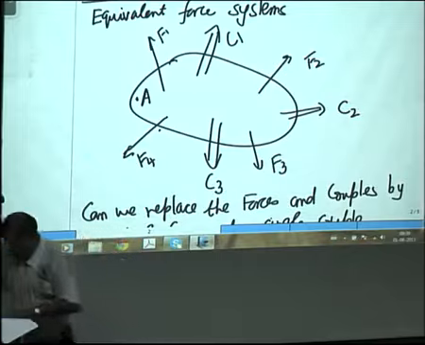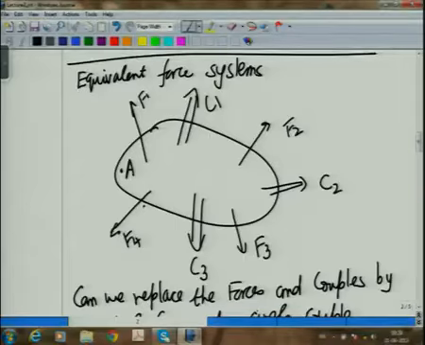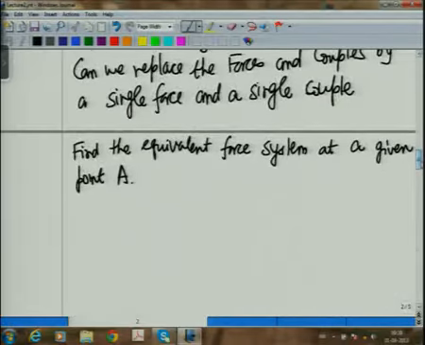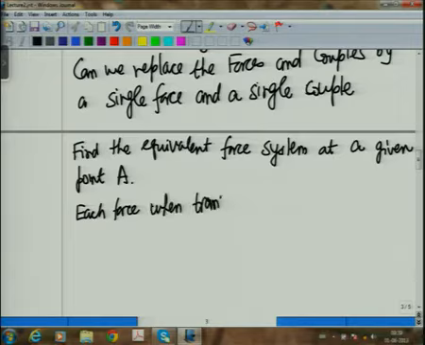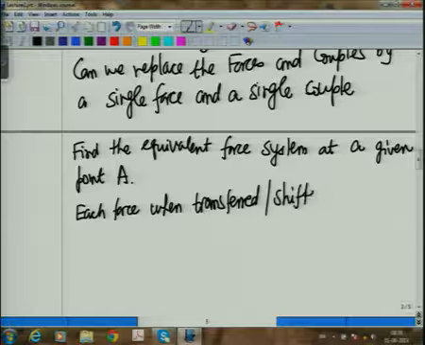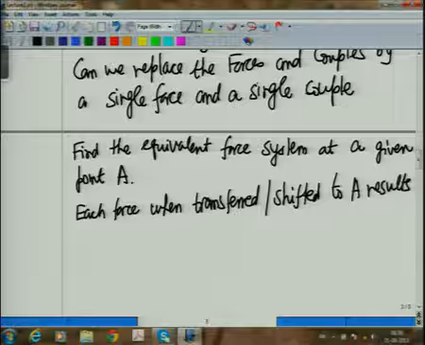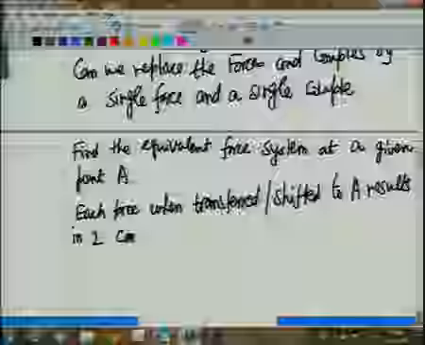Okay, so let me just write this down in brief. So each force, when transferred or shifted to A, results in two components.